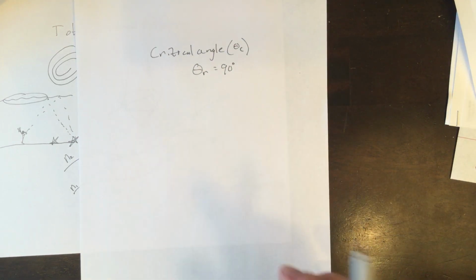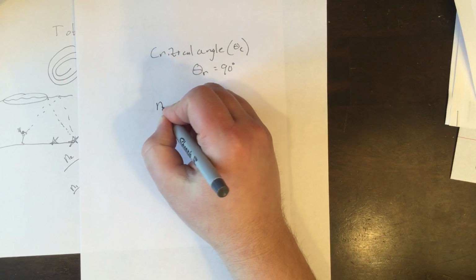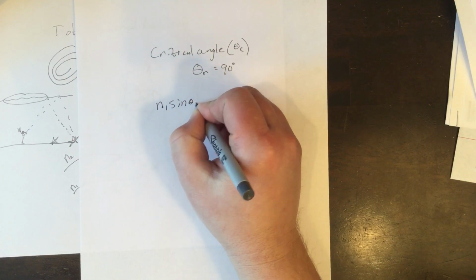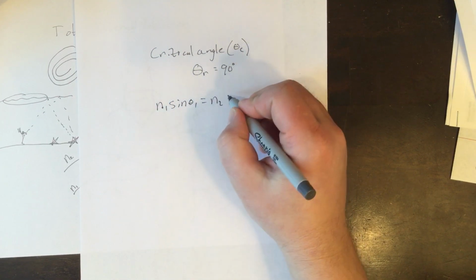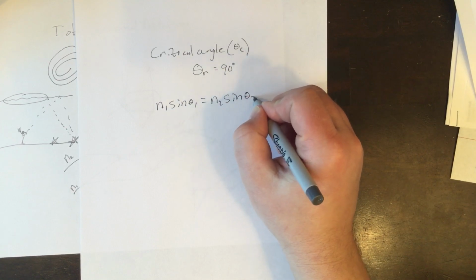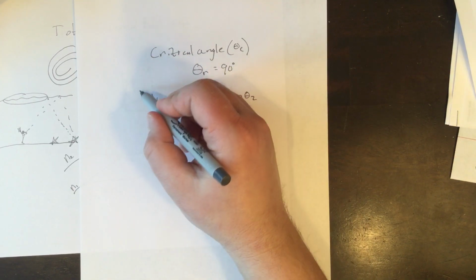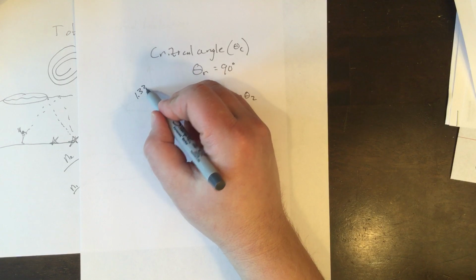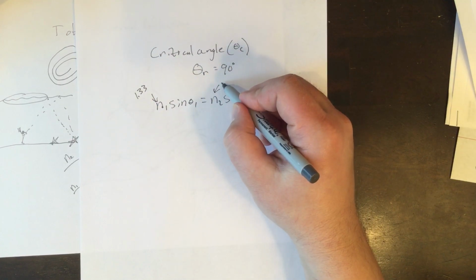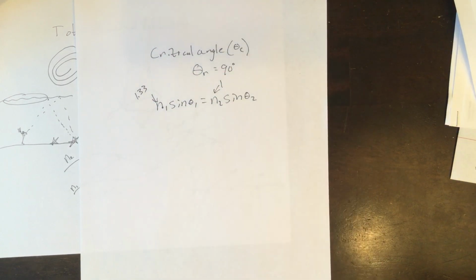90 degrees. So basically we have n1 sine of theta 1 equals n2 sine of theta 2. n1 is going to be our high index, like 1.33. n2 is going to be like 1, for air.